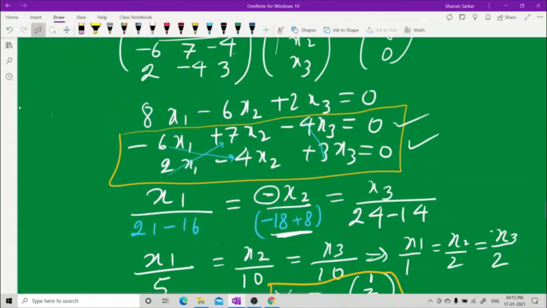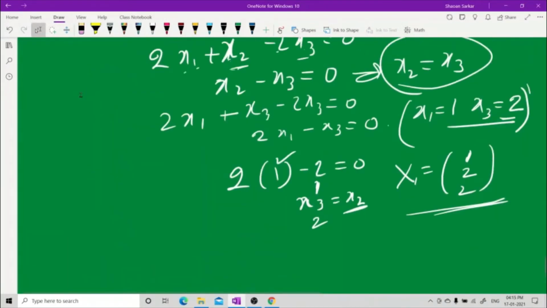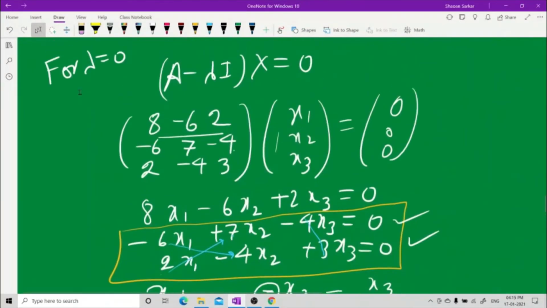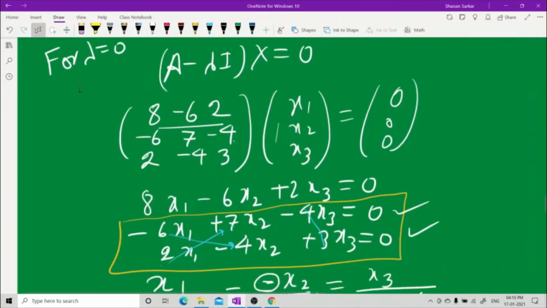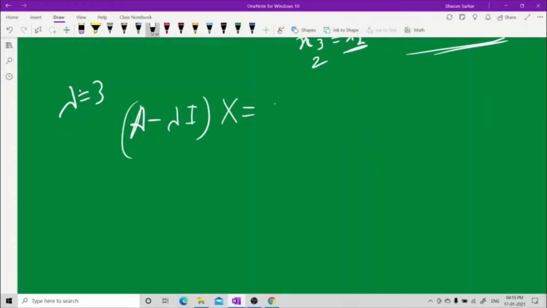Now let's see for lambda equal to 3. I did it for lambda 0, and 3 and 15 are there. Now I'm going to do it a bit faster because I explained everything here very clearly. For lambda equal to 3, A minus lambda I times x is equal to 0.